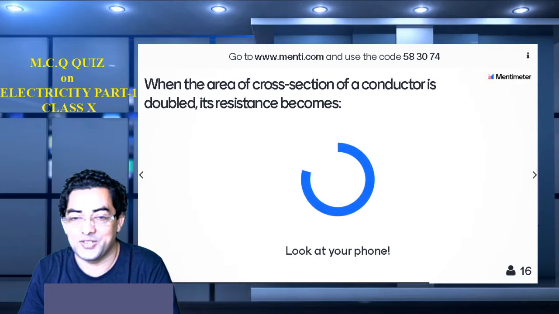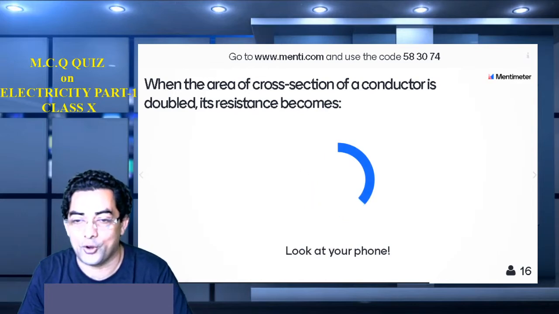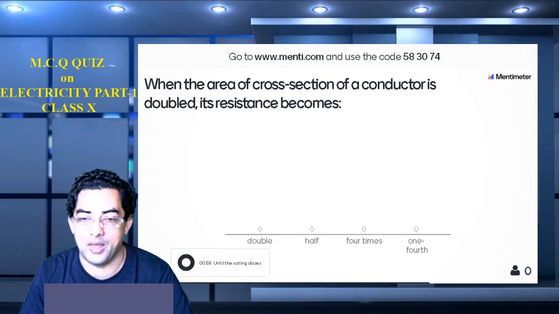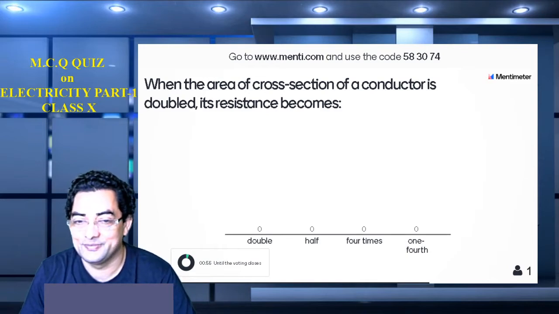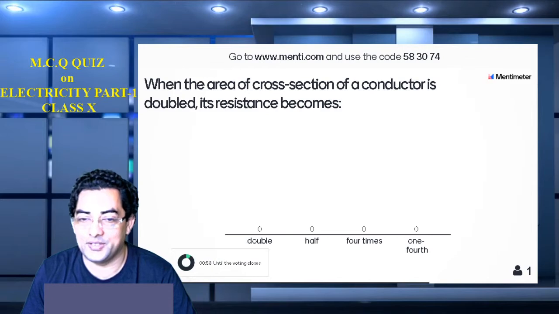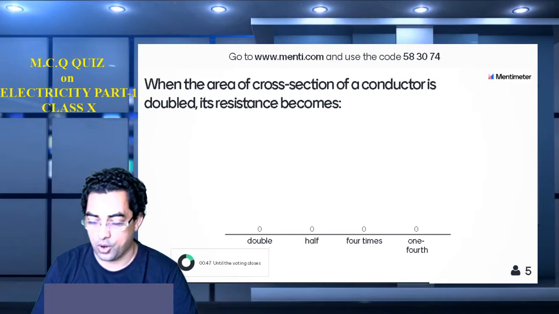Okay, so the next question is, when the area of cross section of a conductor is doubled, its resistance becomes. Area is doubled, what will be the resistance? Will it double, half, 4 times, or 1/4?